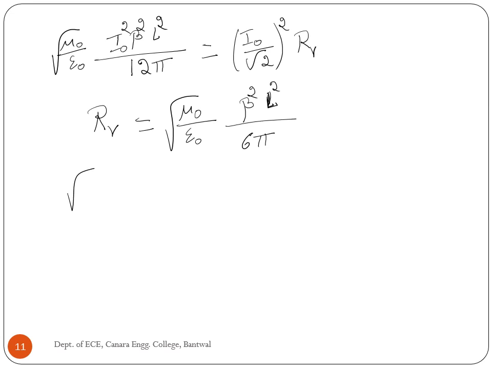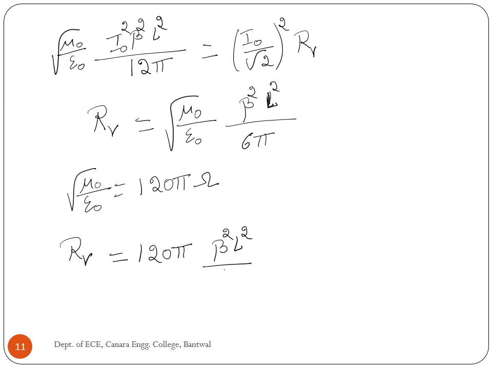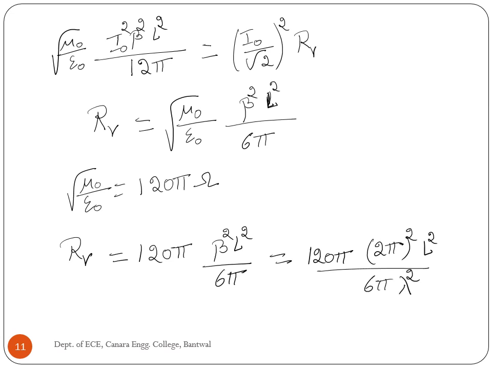For free space, we know that intrinsic impedance is 120 pi ohm. Therefore, radiation resistance is equal to 120 pi beta square L square divided by 6 pi, which is equal to 120 pi, beta is 2 pi by lambda, 2 pi square L square divided by 6 pi lambda square.